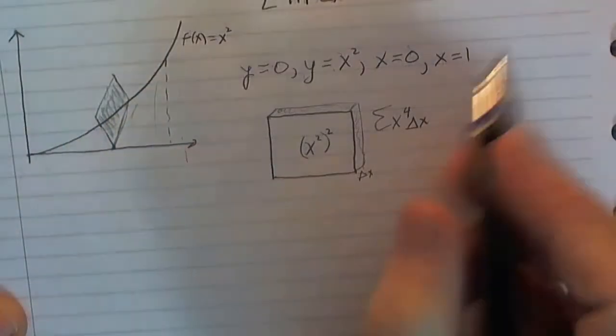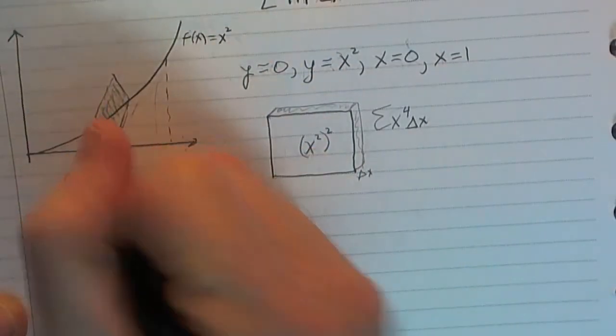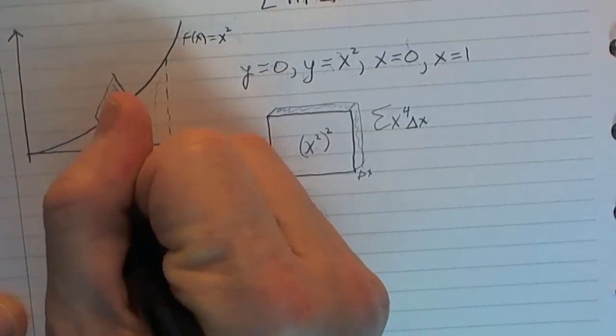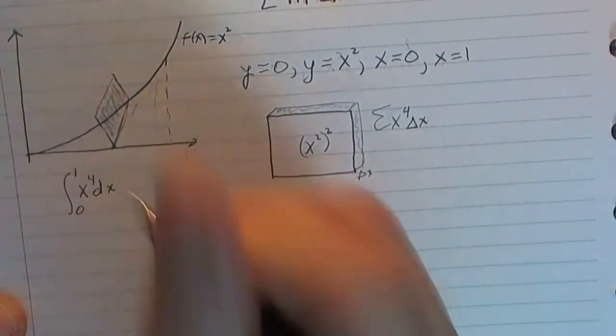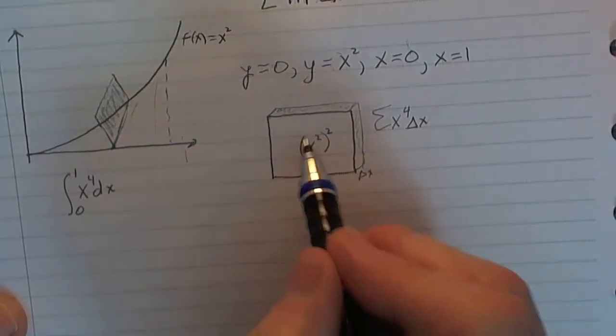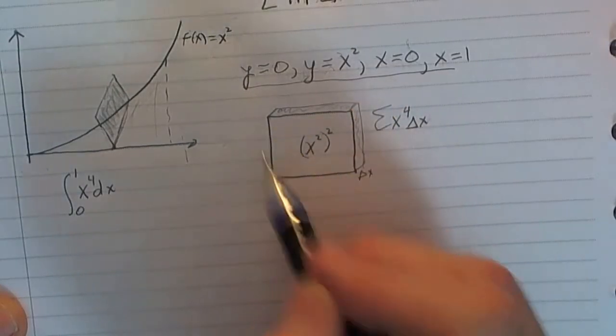Well, what we want to do is let delta x go to 0, and then we're back to integration. We've got the integral of x to the 4th dx from 0 to 1. And that would be the volume of this solid that has this property. It has this base, and the cross sections are all squares.